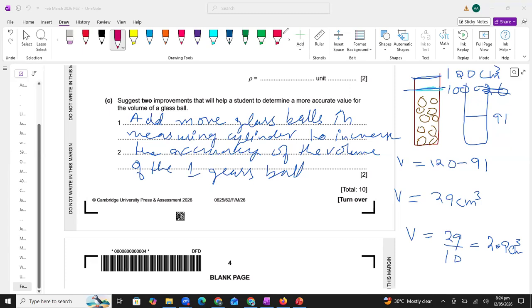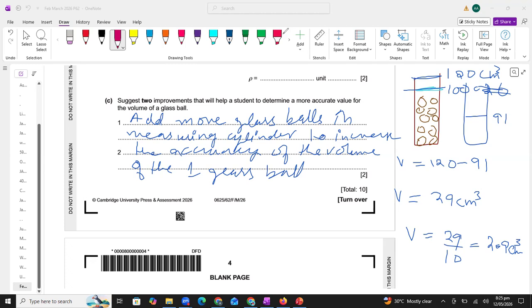Exactly, beta. So we have to use the measuring cylinder with a smaller scale to get a more accurate reading. Is it clear to you, students? Vanya, are you understanding, beta? Ahmed?